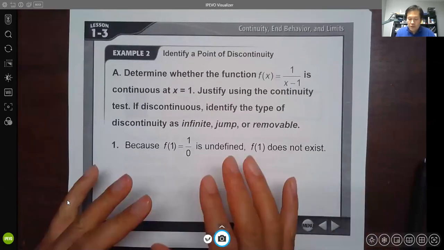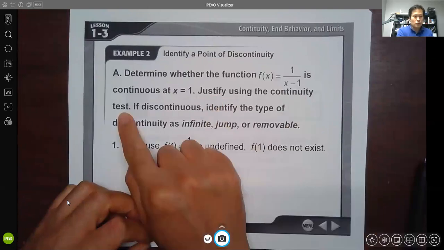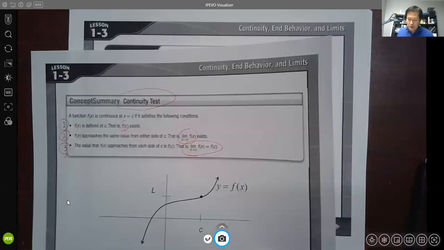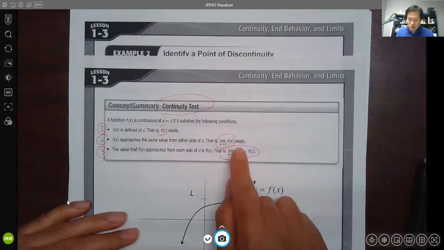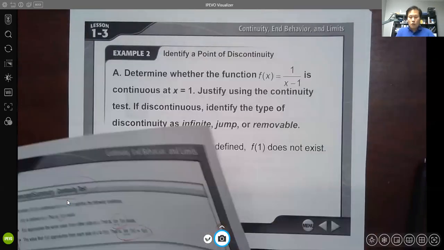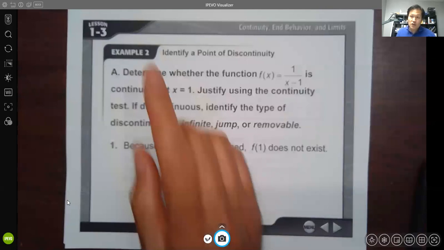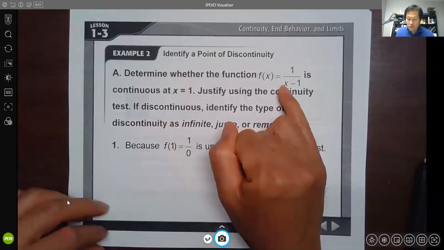Okay, justify using the continuity test. That's something you have to do. What was the continuity test again? Function exists, limit exists, function value and limit value should match. So first thing, does the function exist at x equal to 1? What does that mean? Plug in 1 for x.